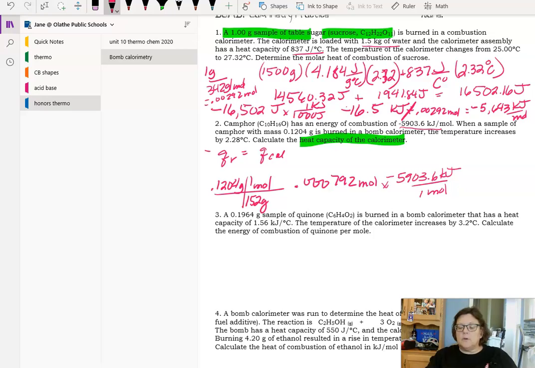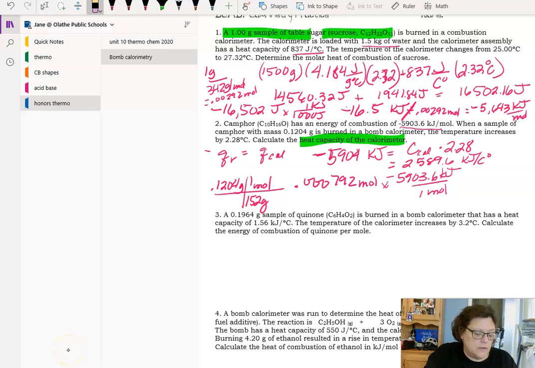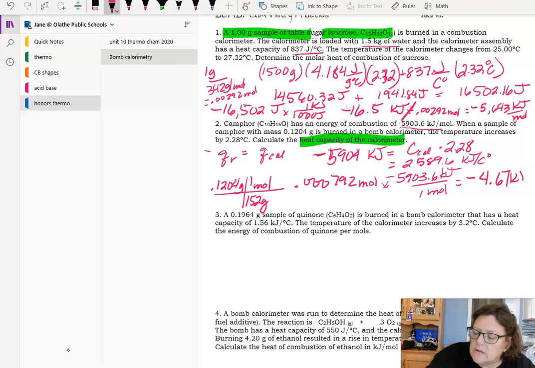So we know we only had 0.000792 moles, so we're going to multiply to get rid of moles: 0.000792 times 5,903.6 kilojoules per mole, and that gives us a negative 4.67 kilojoules, not per mole.